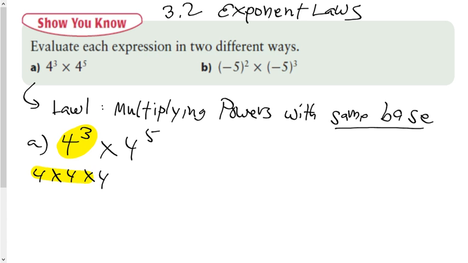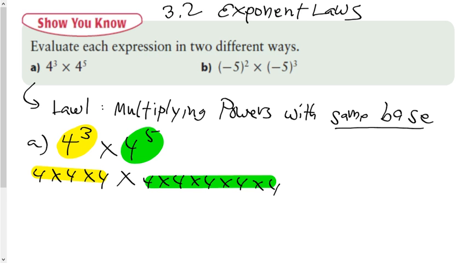So keep that in yellow. And then we'll have multiplied by, I'll use green, 4 to the 5, which, if we keep what Brian was just saying, will be 4 multiplied by itself 5 times. I'll highlight that in green. Does everyone agree that 4 cubed multiplied by 4 to the 5, when I rewrite it using repeated multiplication form instead of exponential form, that's what it would look like?